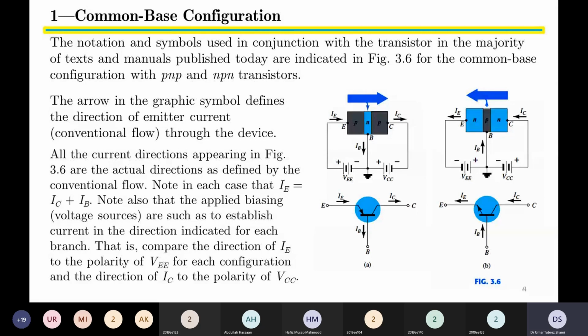And then a minor current flows into the base, shown by a minor sized arrow. This minor sized arrow indicates the base current, and the sum of the base current and the collector current is equal to the emitter current. So the arrow in the graphic symbol defines the direction of emitter current through the device.